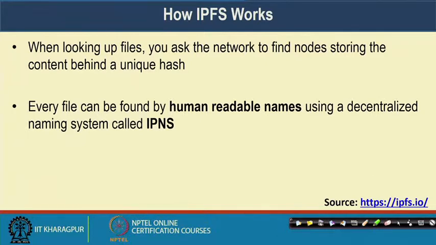This IPNS maps the human readable names to the corresponding hash. So, you can even search with your human readable name. That way this indexing information is stored inside a blockchain.